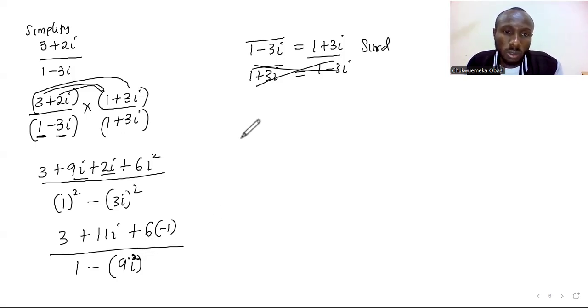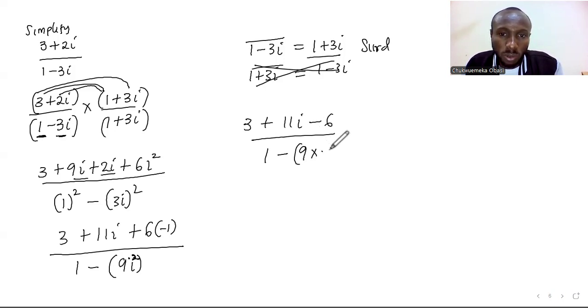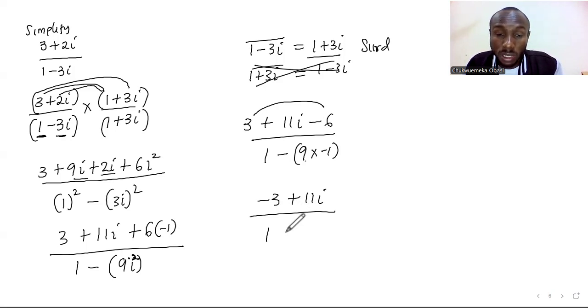All right. So now let's move forward. We have 3 plus 11i. 6 times minus 1 is going to give me minus 6, all over 1 minus 9 times i squared, which is minus 1, right? Doing everything very basic. So 3 minus 6 will give me minus 3 plus 11i, all over 1 plus 9, which is 10, right?